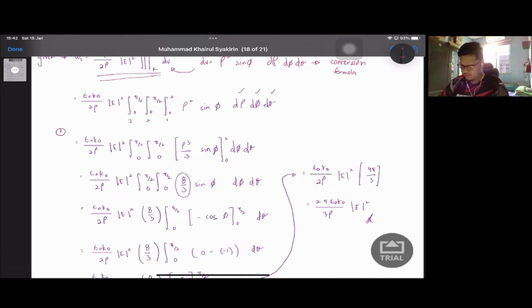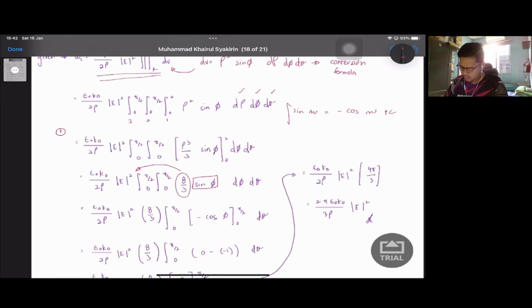After that, the 8 over 3, we need to put it outside the integral, and then we need to integrate sin phi. If we integrate sin x, we get negative cos x plus c.